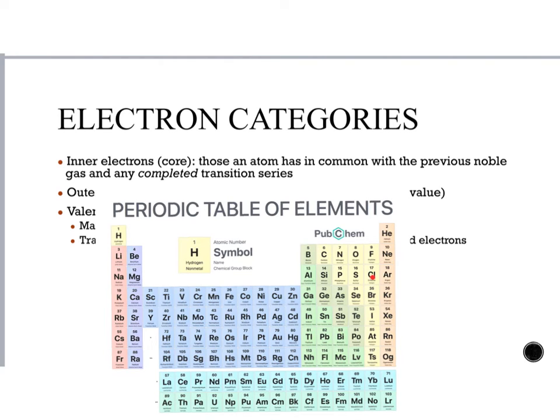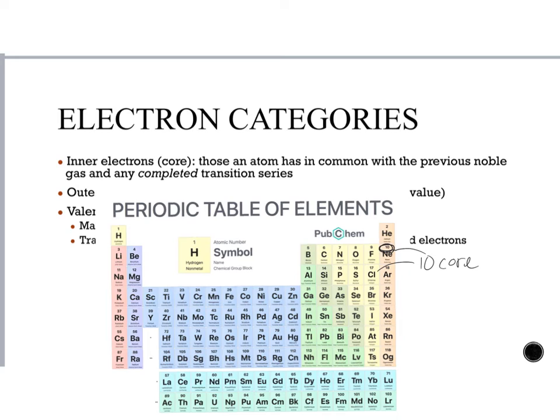There is no transition series right before chlorine. Notice it's blank right here. The transition series doesn't correspond to chlorine or anything before we get into this 3d sublevel. So the number of inner electrons for chlorine is 10, because that's the number of electrons neon has, its most recent noble gas.